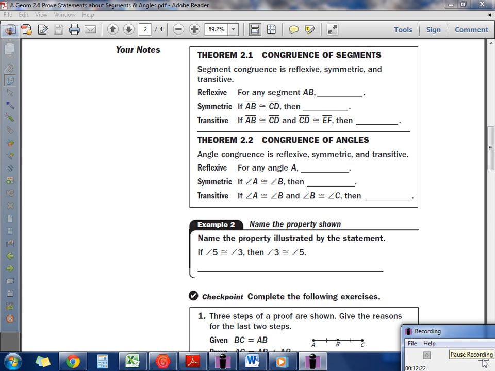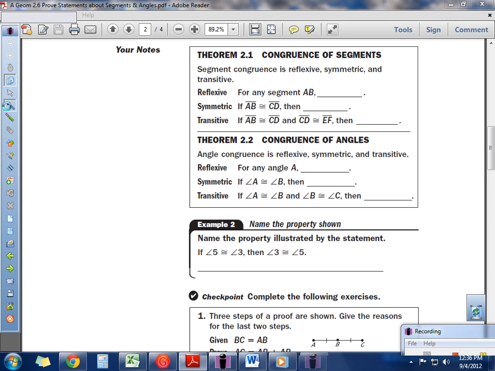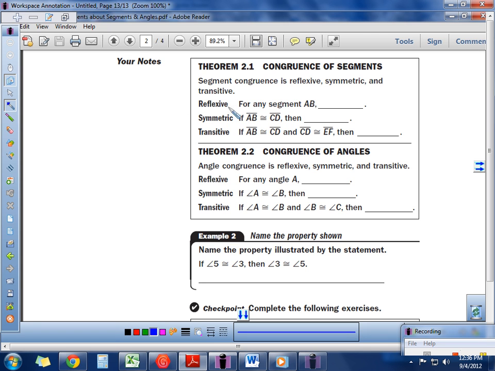All right, here we go. So for these theorems, reflexive, you should remember AB is congruent to itself. The phrase once again was, it equals itself, which some of you need to study. Symmetric, what was the little phrase for that one?